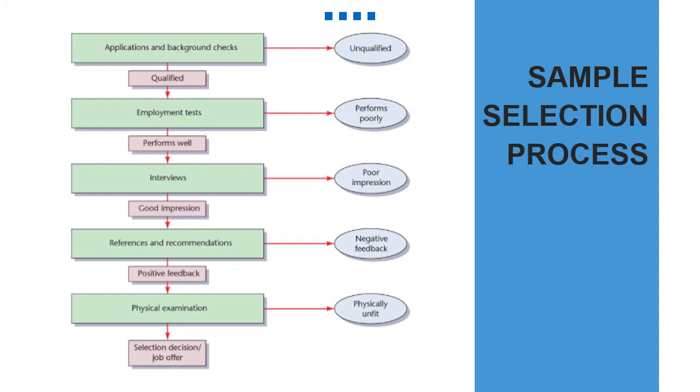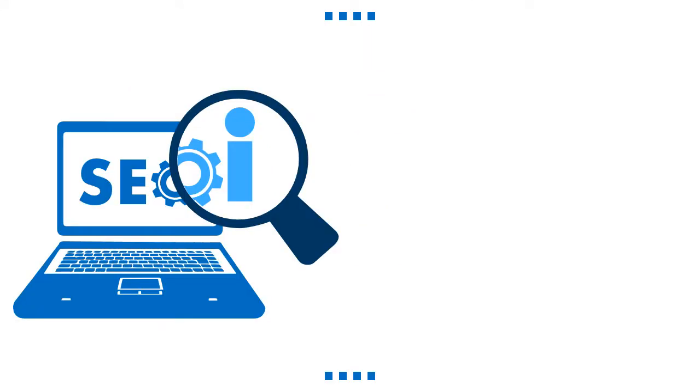The interviewers are commonly the HR staff or the department head of the department you are applying for. If you make good impressions, then you will proceed to the reference and recommendation phase. If you have positive feedback from them, a physical examination will follow. And lastly, there will be a selection decision or a job offer.